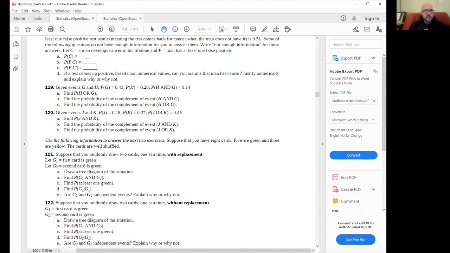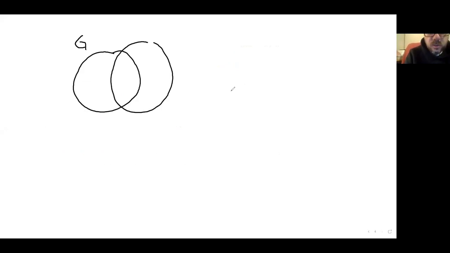All right, so I'll probably go back to this after I immediately forget these numbers. So probability of G, I think that was 43. And then H was 26, and in the middle was 14%, I believe. So 43 minus 14 is 29%, and 26 minus 14 is 12%.